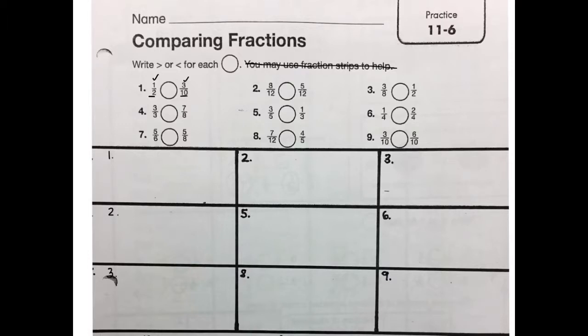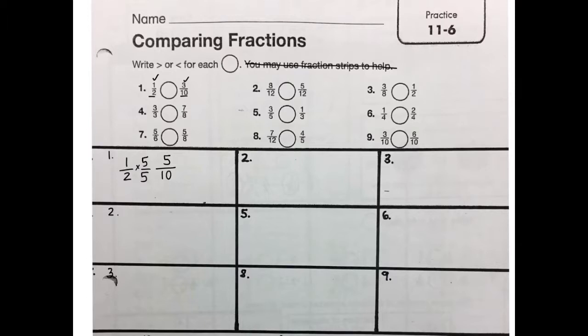Do I have to make an equivalent fraction? And it looks like I do. But I know that 2 times something will get me to 10. So I can change my fraction 1/2 to something over 10. So I know that 2 times 5 equals 10, so I can multiply by 5 over 5. 1 times 5 is 5, 2 times 5 is 10.